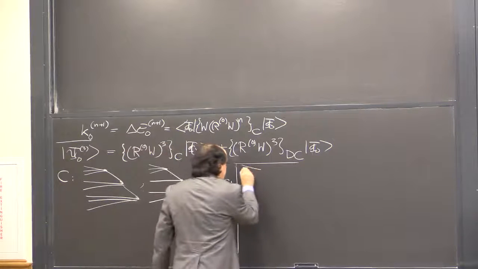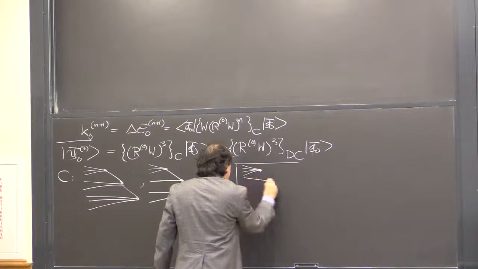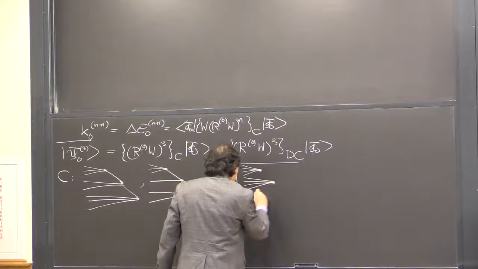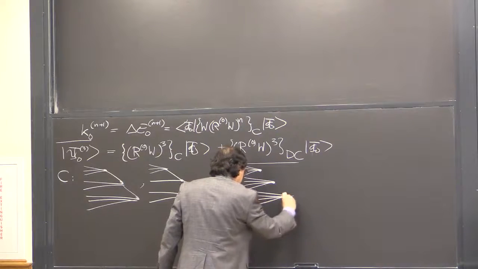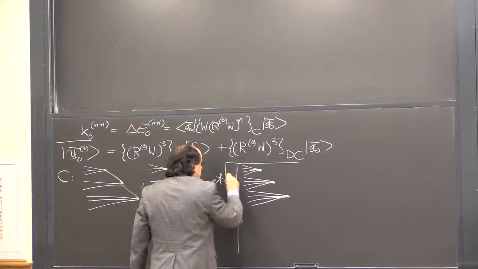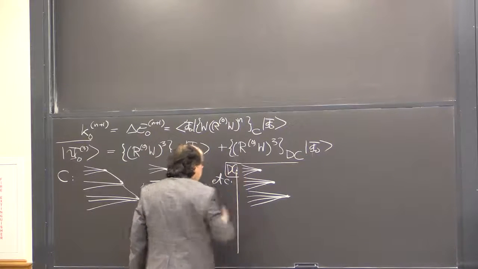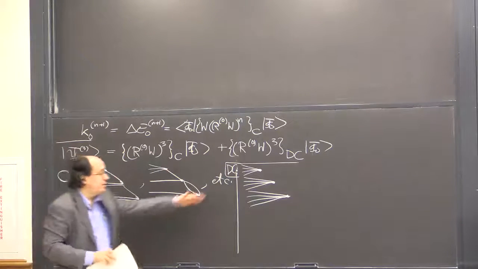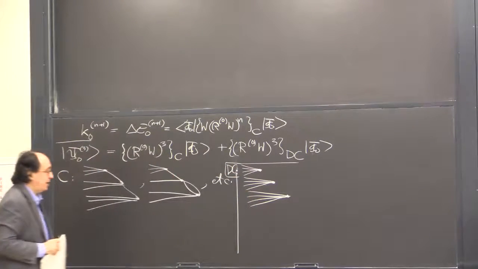One possibility is to simply keep three perturbation vertices separate. Okay, so I should probably say that this is this DC group. Okay, so that's one possibility of having a disconnected wave function diagram.